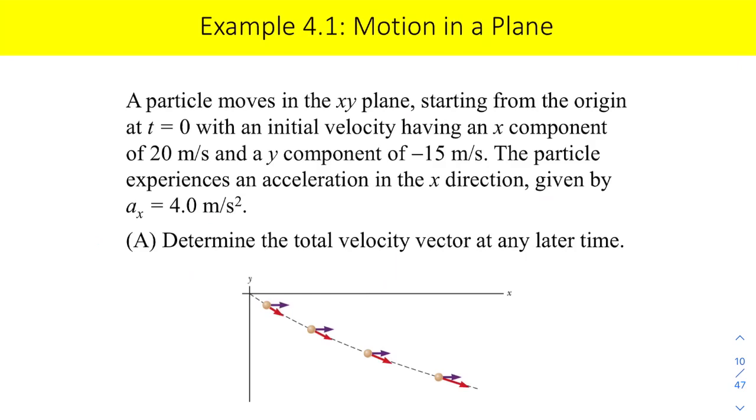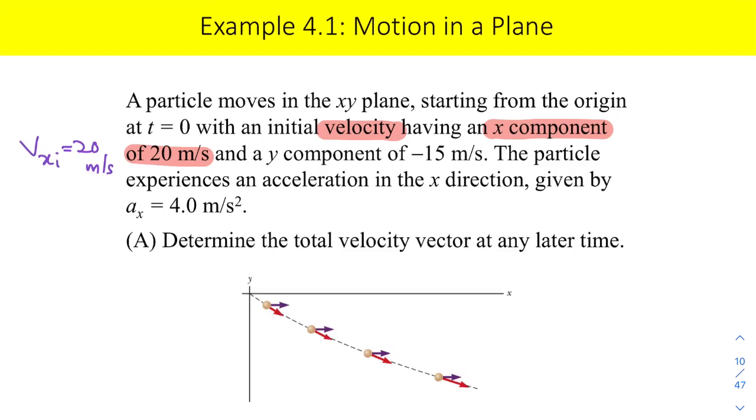So example 4.1: a particle moves in the xy plane starting at t equals 0 with an initial velocity having an x component of 20 meters per second. So here is the Vx, the information of Vx initial.